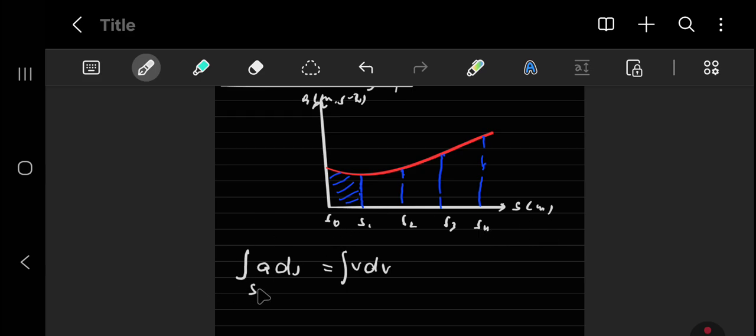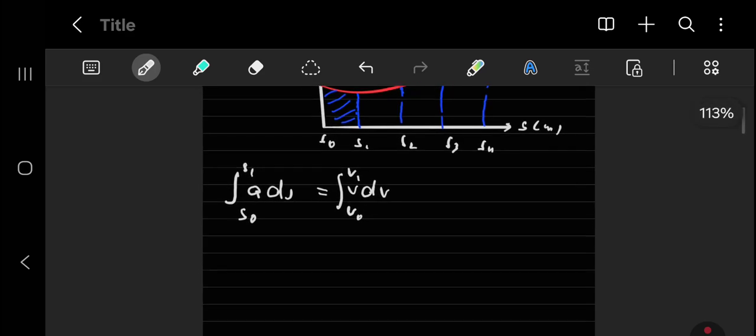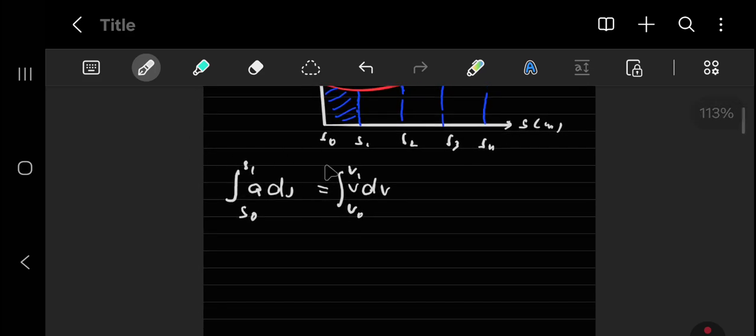So here your S0, let's assume it's given, and let's assume you also know your initial velocity. And then this is going to be your final position, which is going to be S1, because we want the area between S0 and S1. And then here we're going to have V1, right? So that's just the case there. To get your velocity, remember if I take the integral of V, it's just going to be half V squared.